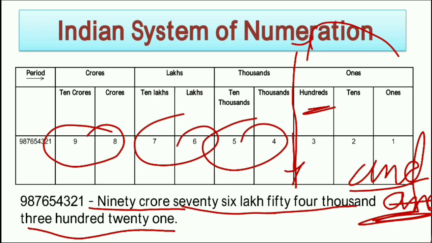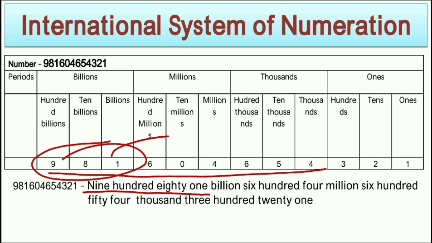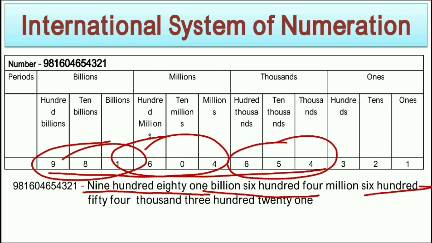The and is used before the ones period in both the systems. Suppose that if we will write this, how will you write? 981 billion, and after that 604 million, and 654 thousand, and here it starts.